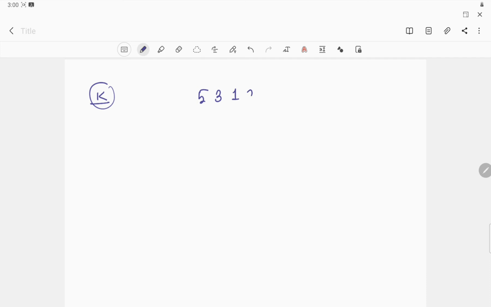And now another example, that is K number: 5312, and you are dividing by 9. You know, if you take 5 you can't divide, so you have to take 53 as a dividend.